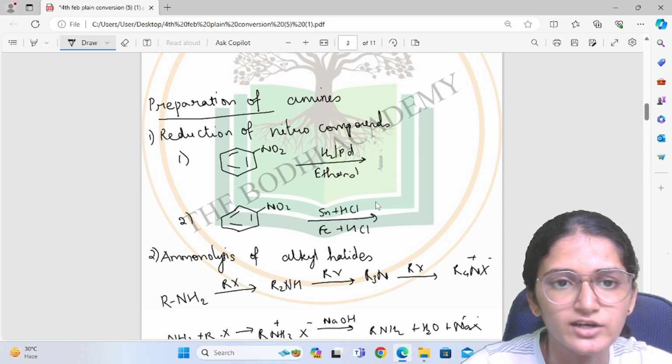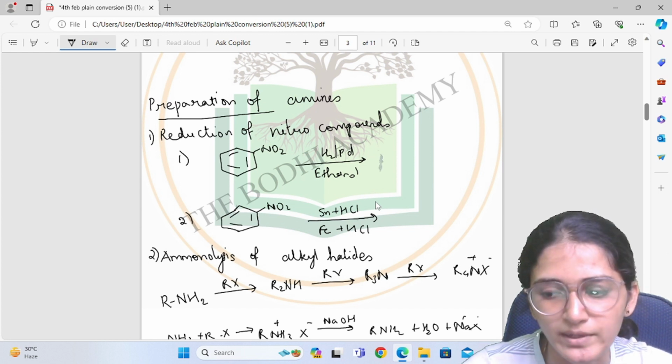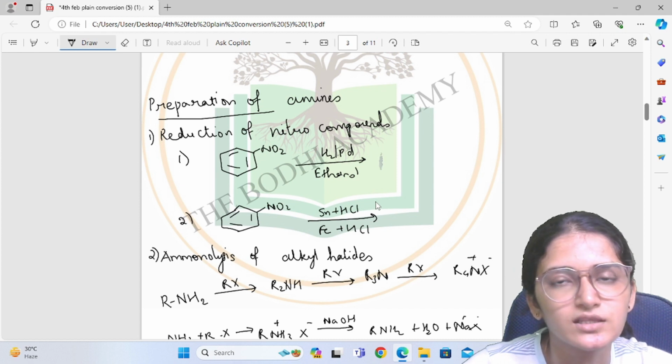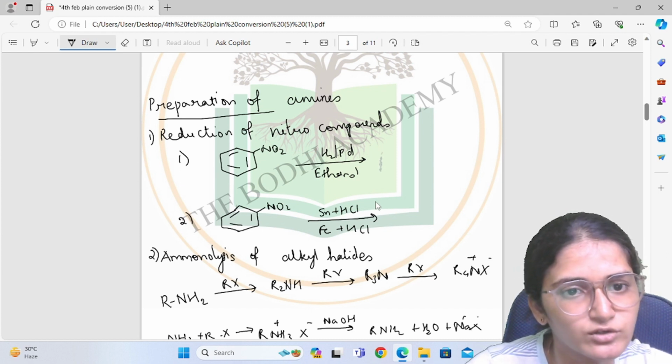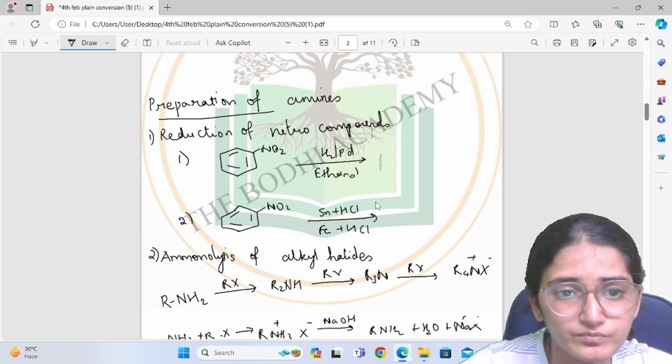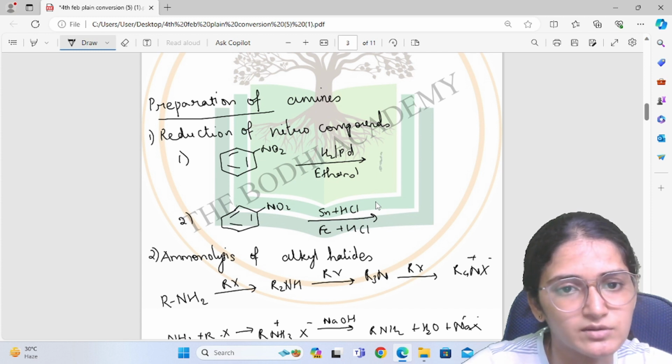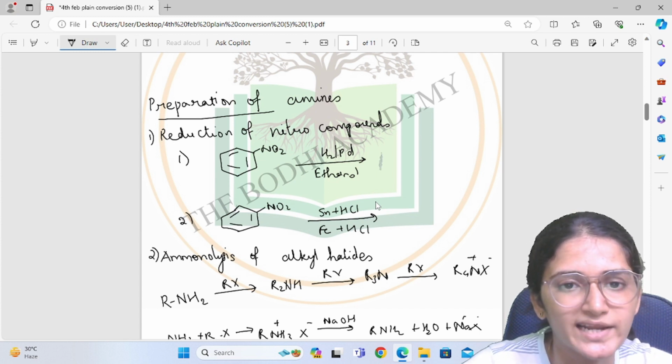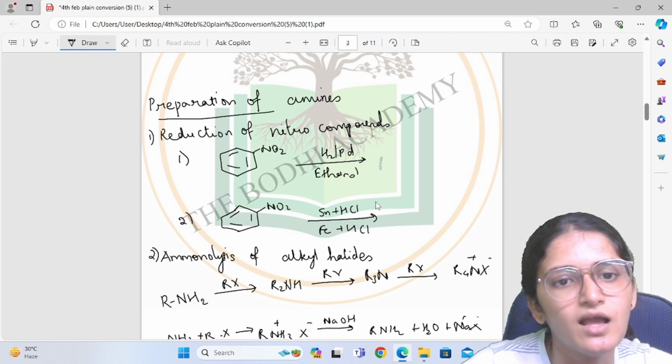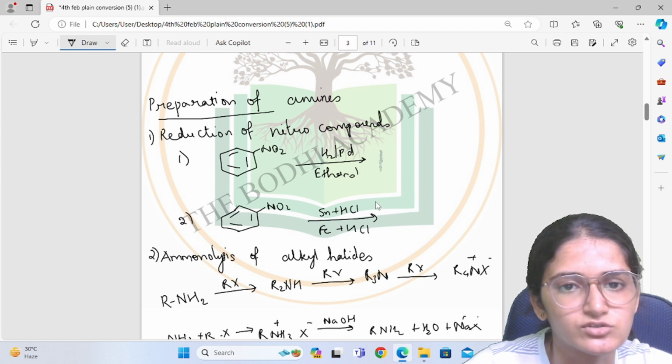Reduction of nitro means that the reduction of the nitro group will take place. Reduction means either removal of oxygen or addition of hydrogen. So here we are carrying out the reduction in the presence of palladium, which is a catalyst, and we are adding hydrogen, in the presence of ethanol. So we will have the product as a benzene ring with NH2.